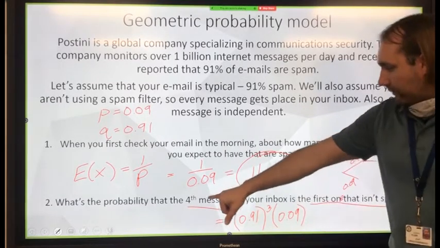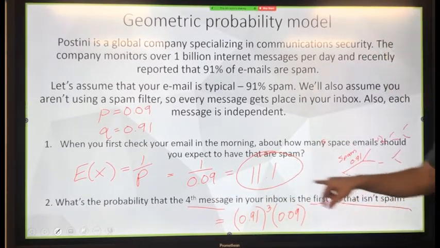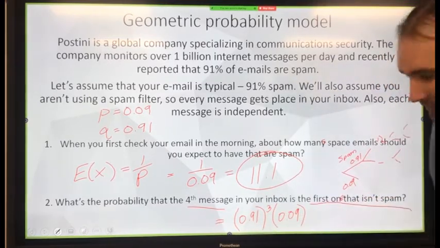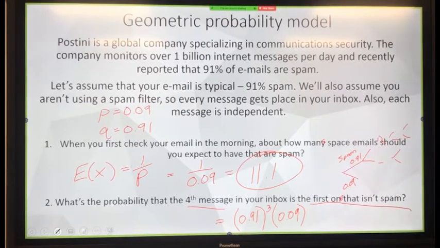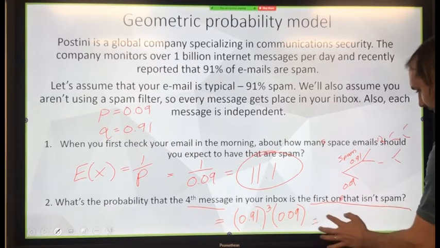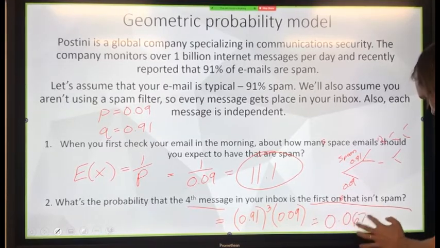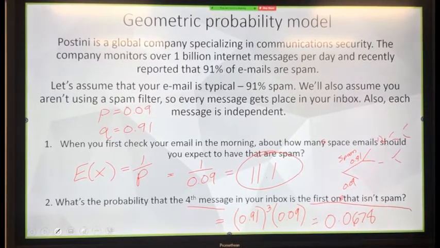I know the fourth one is going to be good, which means my other three are bad. So bad, bad, bad times one good. So what is that? 0.91 to the third power times 0.09 gives me the probability of 0.0678. So roughly 6.8% chance that my first good message is the fourth one.